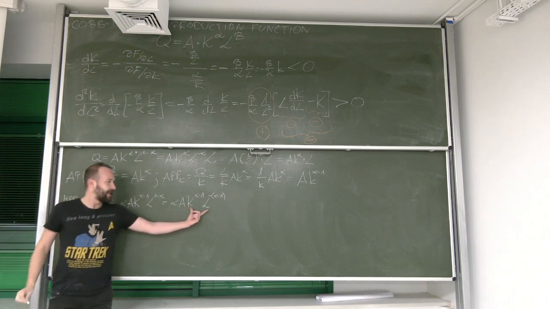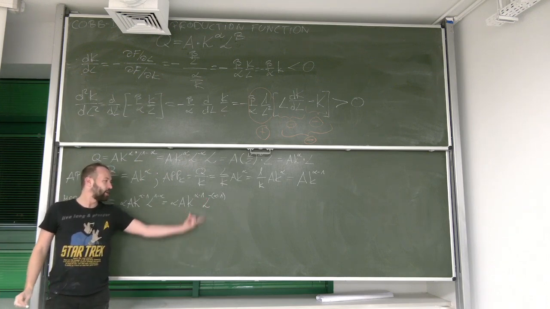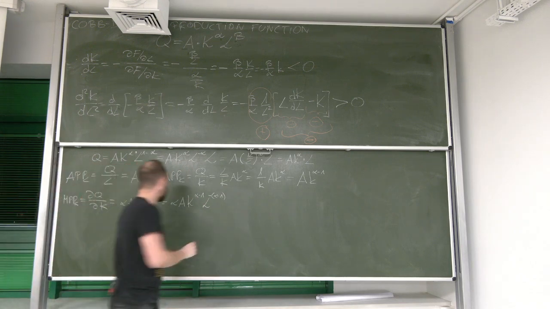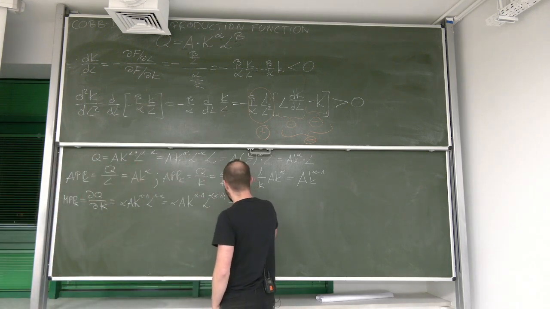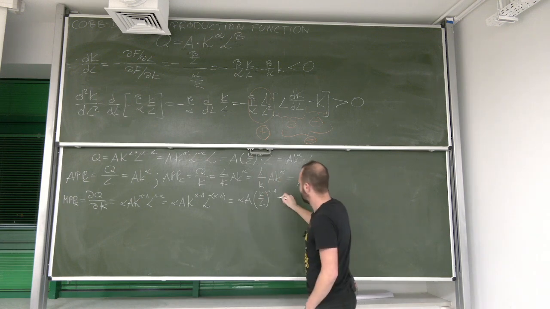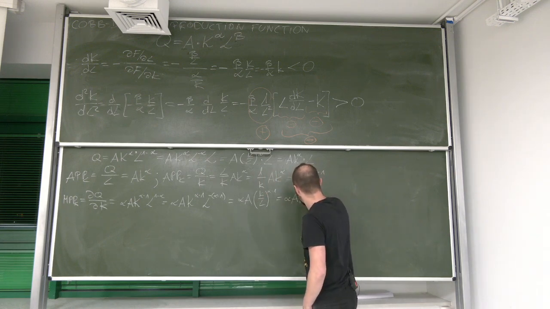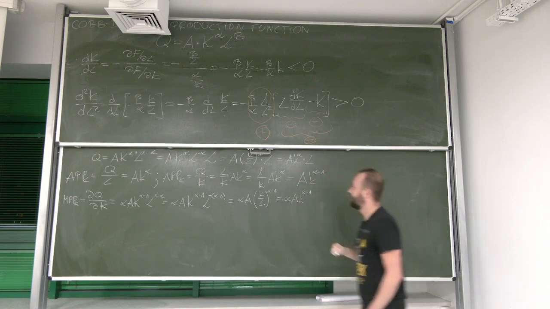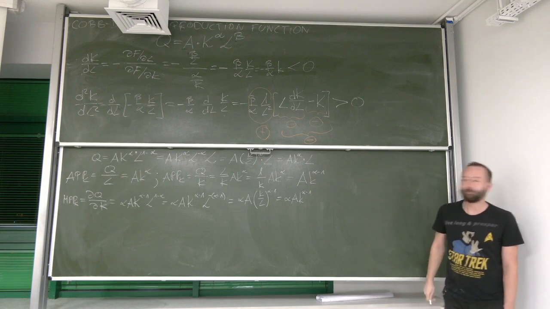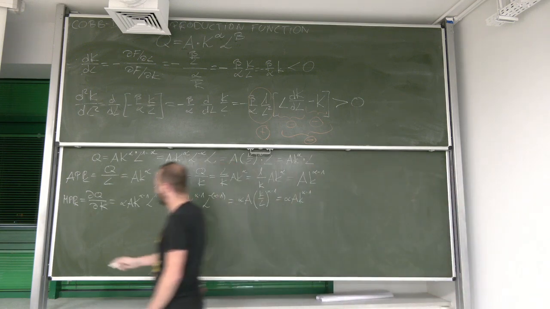So again, I can combine those two expressions together, and we get alpha A times K over L to the power alpha minus 1, or alpha A lowercase k to the power alpha minus 1, which is a function of the capital to labor ratio alone.